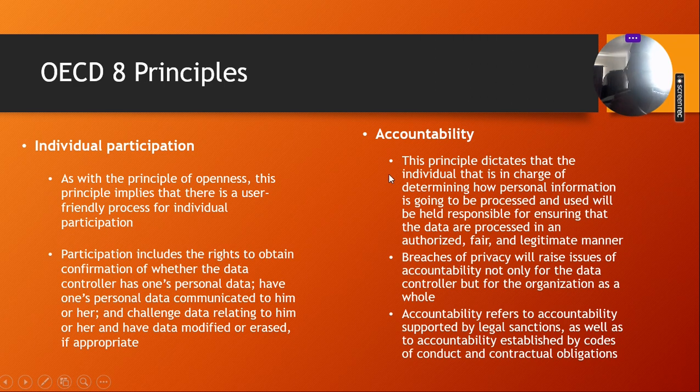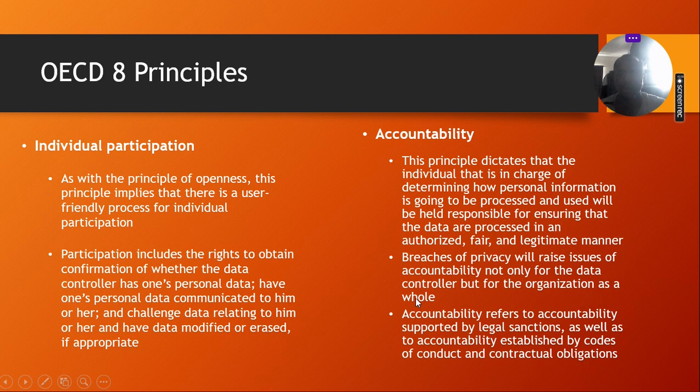Okay, so the whole system should be accountable, in the way that the person in charge should be able to take responsibility for whatever happens to the information. If there are breaches of privacy, this will raise issues of accountability, because if privacy has been breached, then there's no accountability anymore.